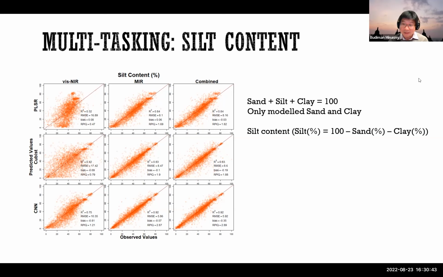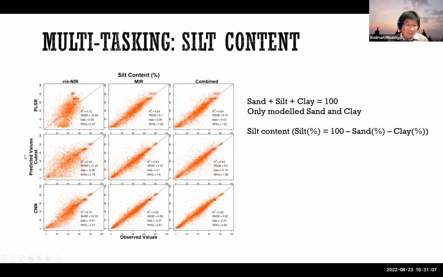So the silt will be 100 minus the predicted sand and predicted clay. This is an indirect prediction of silt from the predicted sand and clay. And with the CNN, I think we can see that indeed there is an improvement.